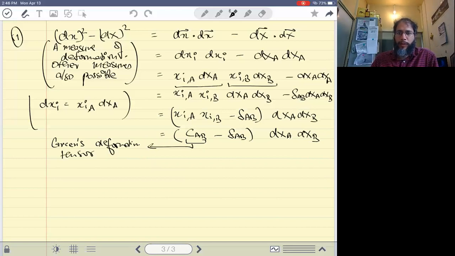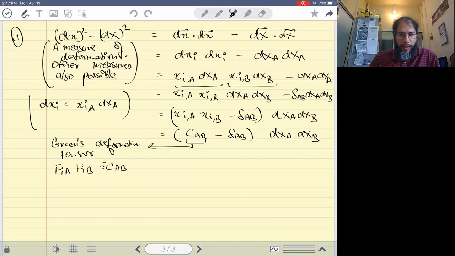So you see that we are defining many new terms here. It's just a definition. We define this term C, which is written as the product of F transpose F, as the Green's deformation tensor. And you can see that this xi comma a is nothing but Fia, and xi comma b is nothing but Fib, and this is defined as CAB.